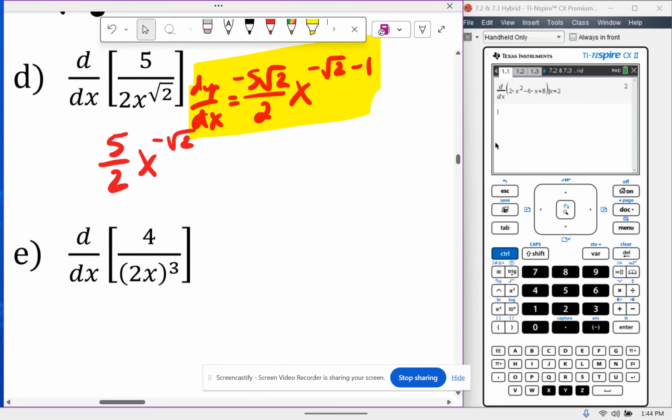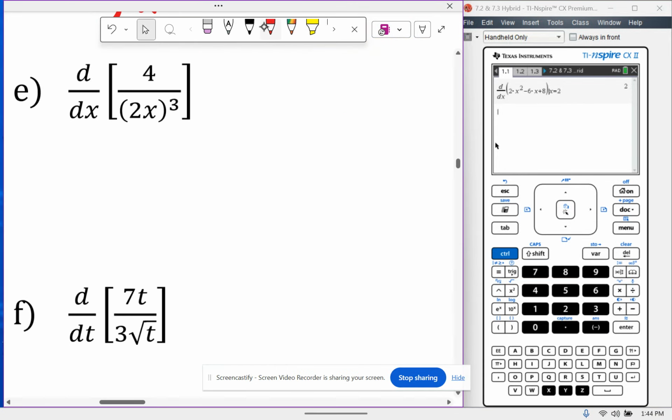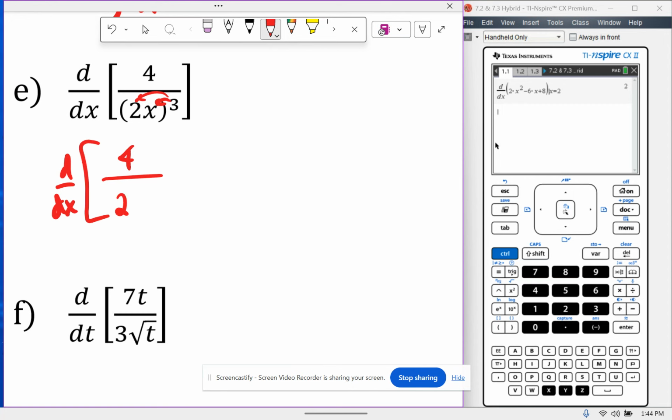Okay. Let's look at E. Ooh, this is just like what Jordan was asking me about earlier. Jordan, what do you think? I'm going to give this 3 to each term in the parentheses. I am now going to have 4 over 2 to the third, x to the third. That's going to be 4 over 8 x to the third.